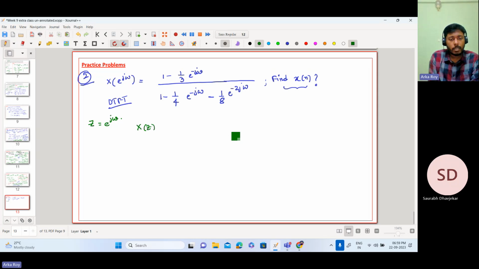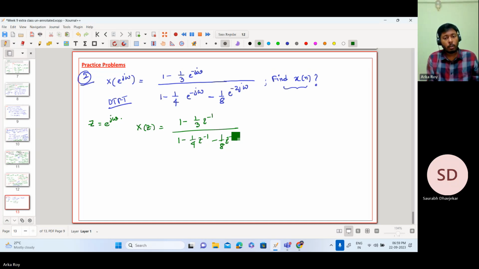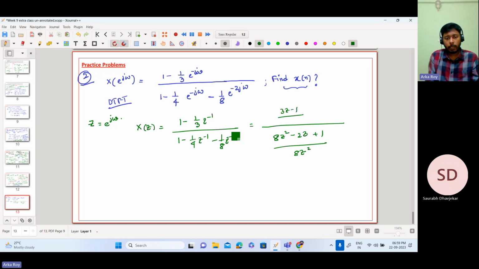So this will be X of z equals 1 minus 1 upon 3 z inverse, then 1 minus 1 upon 4 z inverse, 1 minus 1 upon 8 z power minus 2. From this I can start solving. So it will be 8z squared minus 2z plus 1 divided by 8z squared, and over here it will be 3z minus 1 divided by 3z.